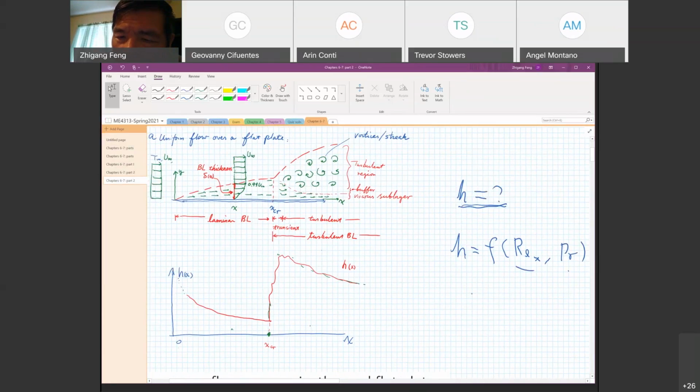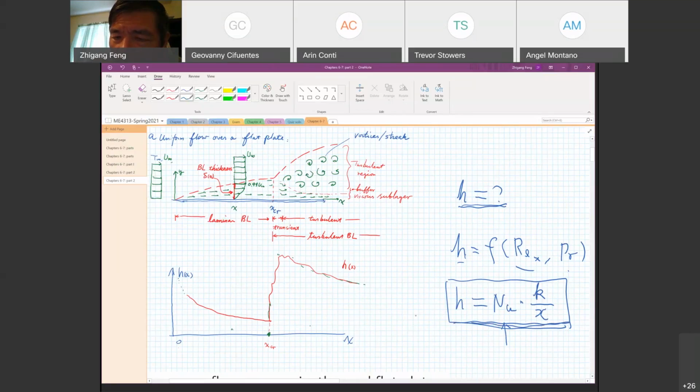Also h can be related to a dimensionless heat transfer coefficient, which we call the Nusselt number, multiplied by k over x. So instead of finding h directly, we first find the Nusselt number, and then use this relationship to find h. This is one of the important relationships which allow us to determine h.